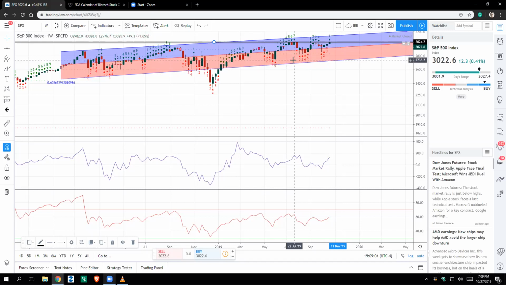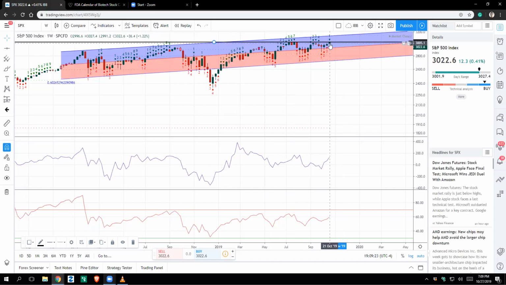So 2700, 2725 is still possible, considering that this is a seasonally bearish season. We haven't seen a big correction recently.